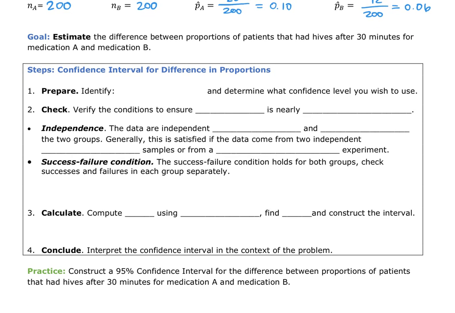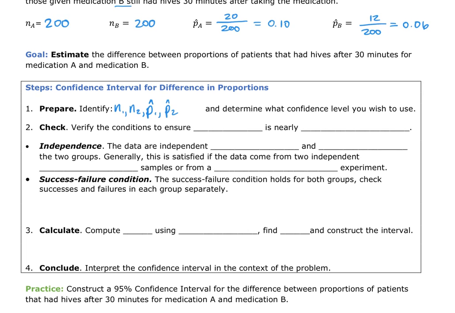So we're going to want to identify the sample sizes, in general, N1, N2, and then the sample proportions, P hat 1, P hat 2. And then determine which confidence interval we want to use. And then just like before, we're going to use 90%, 95%, and 99%.